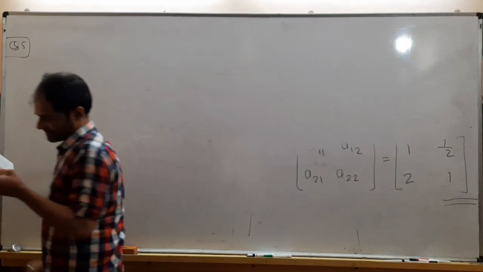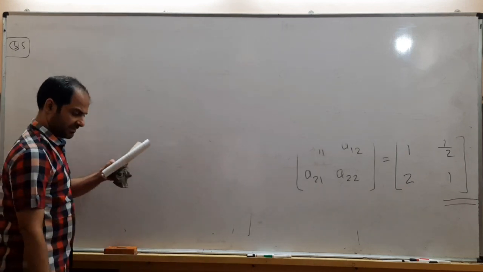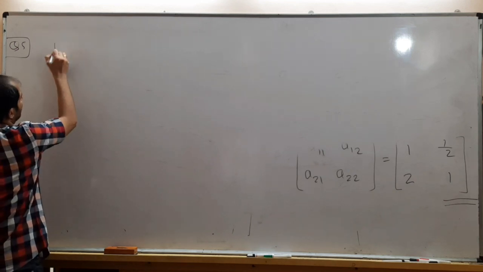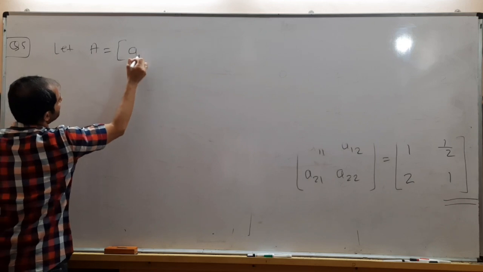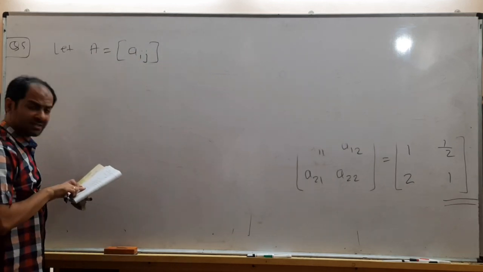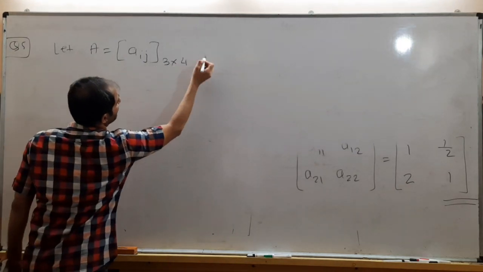One of the parts asked: construct a 3 cross 4 matrix whose element is given by Aij is equal to 2i minus j. Okay. Let the required matrix A be equal to Aij. And in question number 5, the matrix is a 3 cross 4 matrix. So let A is equal to Aij, 3 cross 4 matrix.